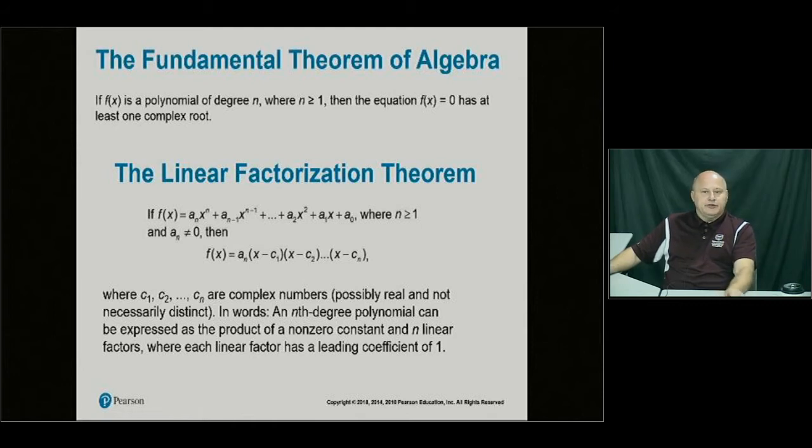See, what you've been used to is this. If you give me x minus 3 times x minus 2 equals 0, then x equals 3 and x equals 2 are the zeros, right? Just set each factor equal to 0 and solve. What this is basically saying is it allows you to go the other direction. If they're saying 2 and 3 are zeros, then x minus 3 was a factor and x minus 2 was a factor as well.